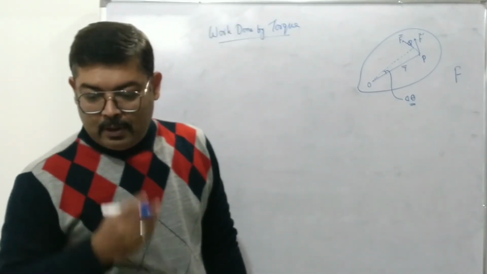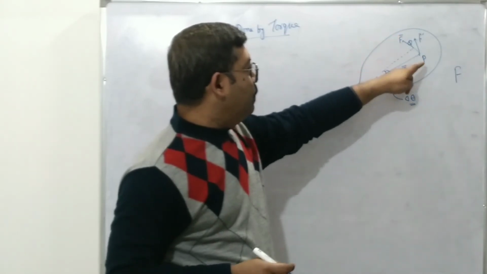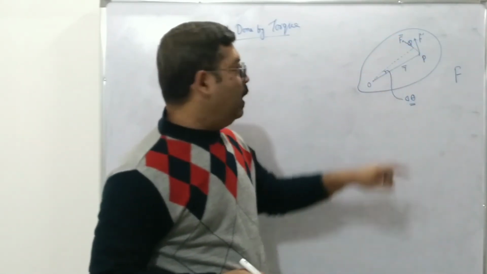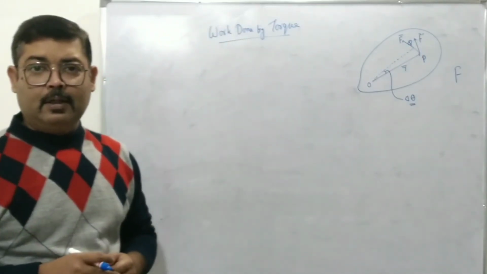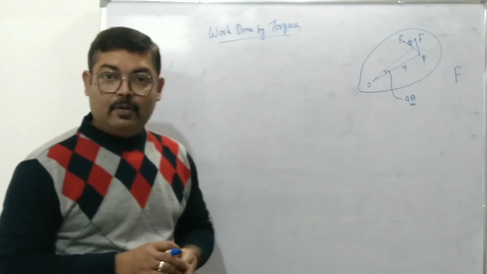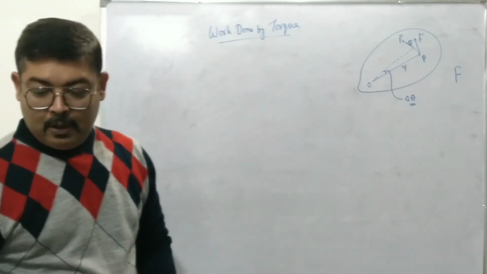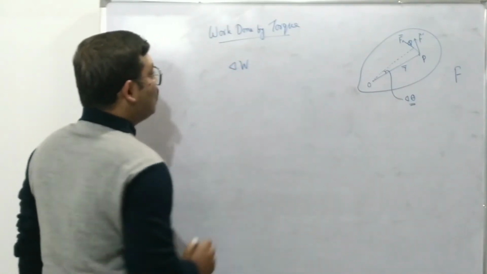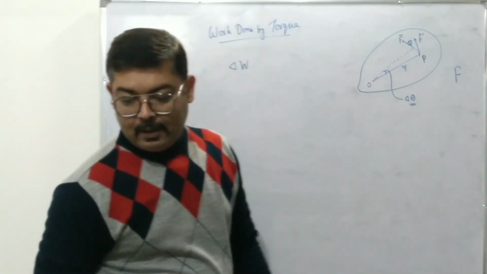So in rotating the object from the initial position, moving it from P to Q, in traversing this arc length PQ, some amount of work has been done. We want to find the work done by the torque. So what will be the small amount of work done when it moves through angle delta theta?